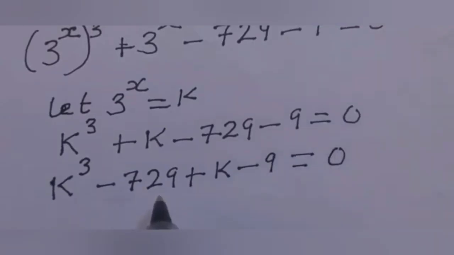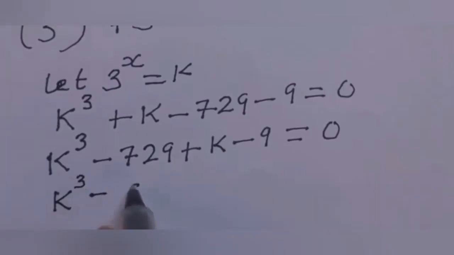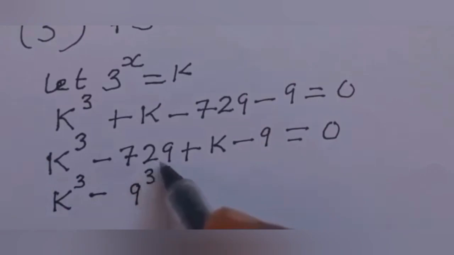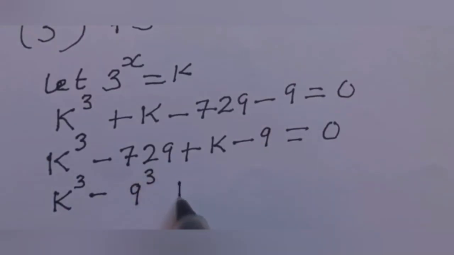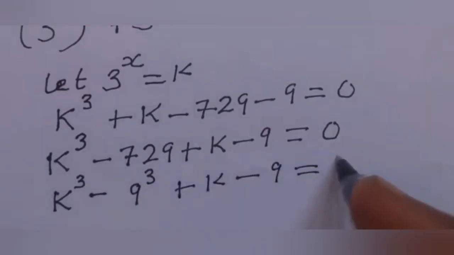As I've said, 729, this is 9 raised to power 3. So here we are going to write k cubic minus 9 cubic, because 9 cubic, this is equals to 729, plus k minus 9 equals to 0.